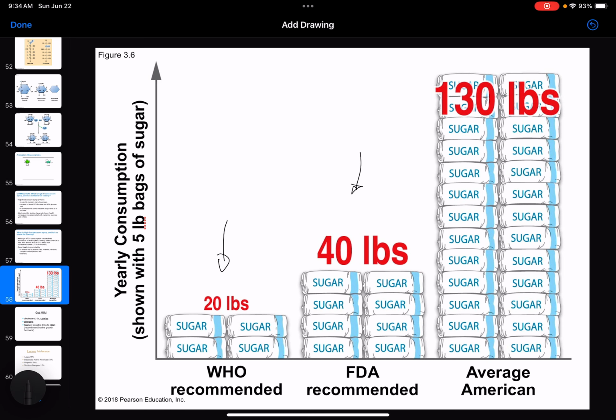And you can then also think about all the other sweet stuff out there, the ice creams and so on and so forth. This is what the average American consumes actually, 130 pounds. Like, that is no joke. Like, sugars are a massive component of our diet.